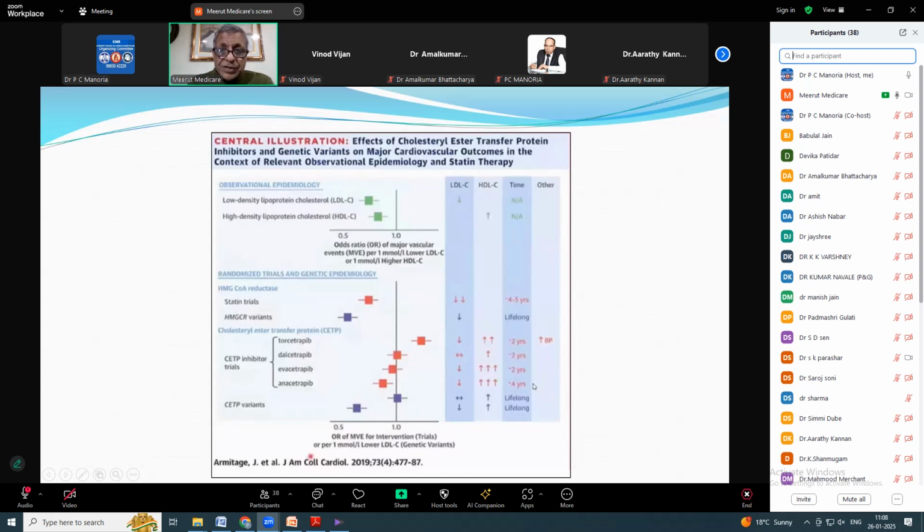The trial duration was long, but when we study the new variants, they both reduce LDL and increase HDL, and it is a lifelong experiment. And this is how we came to know that there are different agents which can possibly decrease LDL and increase HDL, and that may change our understanding of atherosclerosis with CETP inhibition.